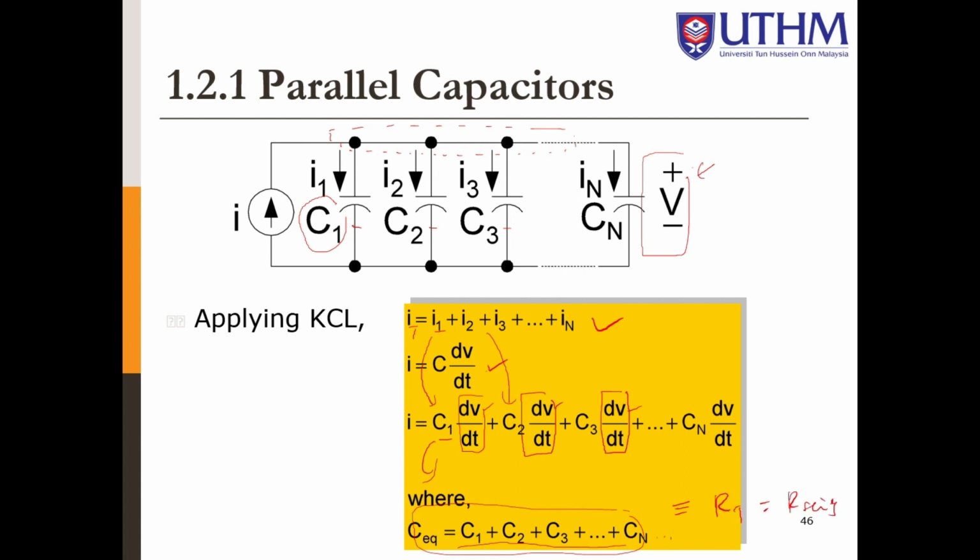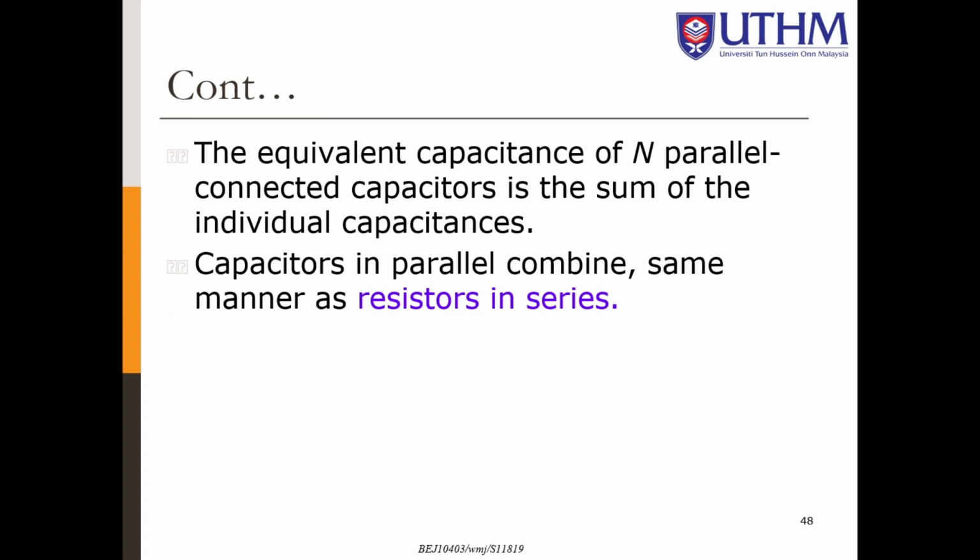We just add up all the capacitance values. So the equivalent capacitance of n parallel-connected capacitors is the sum of the individual capacitances. In short, capacitors in parallel are calculated in the same manner as resistors in series.